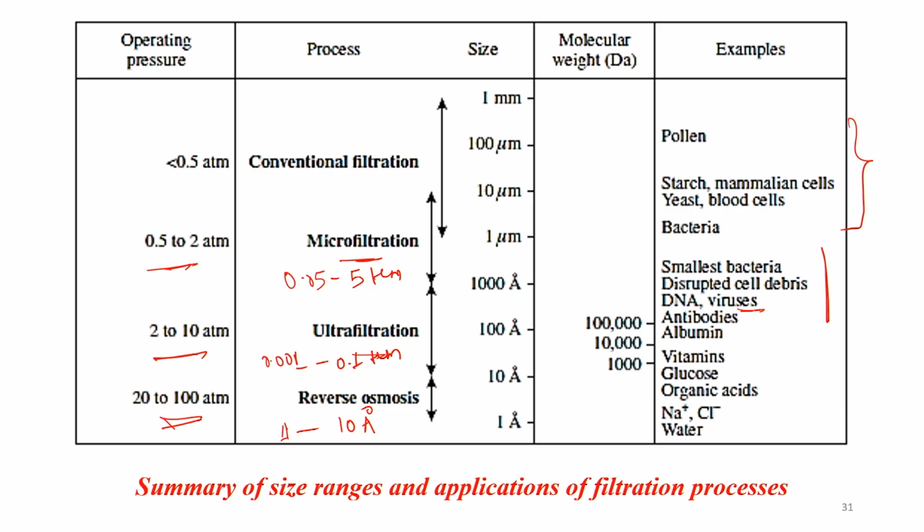Further, nanofiltration is used for small molecule separation or even partial salt removal. And reverse osmosis is used for water purification and solvent recovery, and it can even separate the salts.